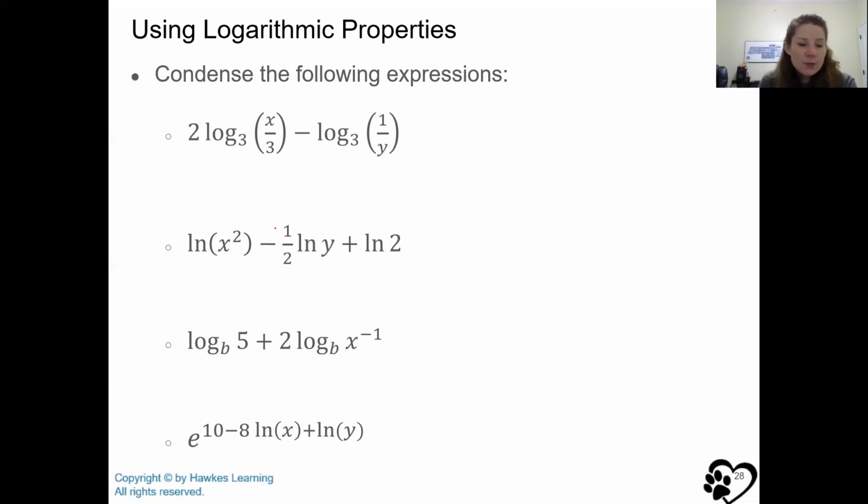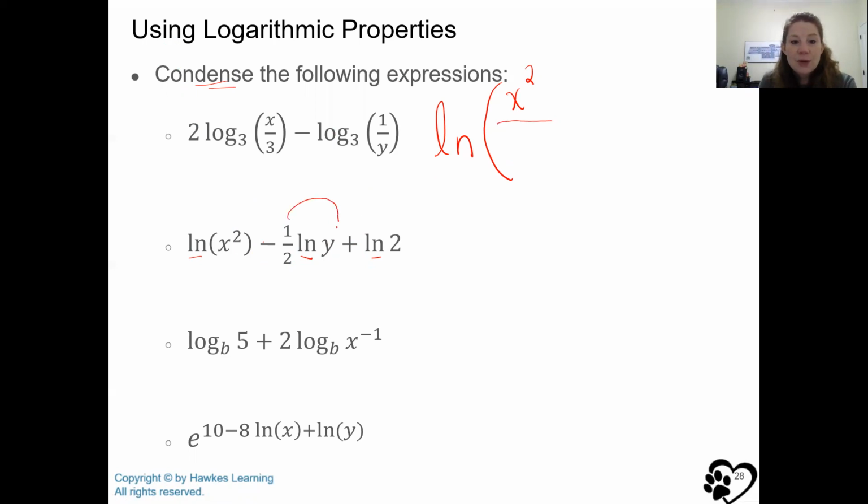All right, now this one looks like there's a lot going on here. So first of all, we check, make sure these match. They all match exactly, right? So we're going to condense. When I see subtraction, we're dividing. When I see plus, we are multiplying. So we're going to write the ln of x squared, and then it says divided by, so I'm going to write minus.